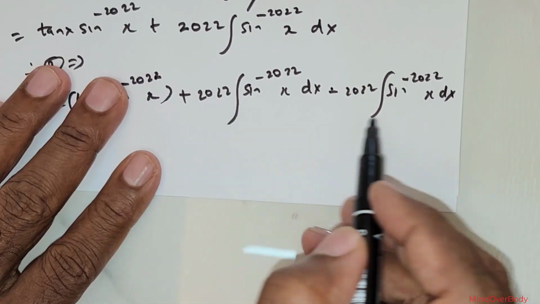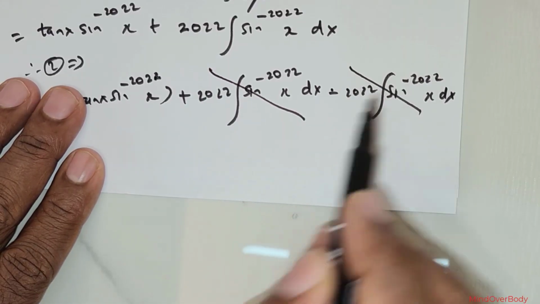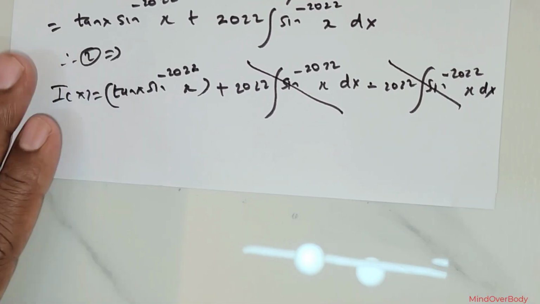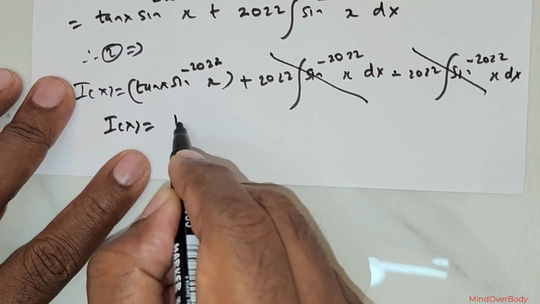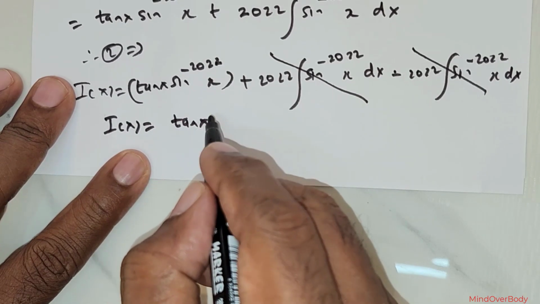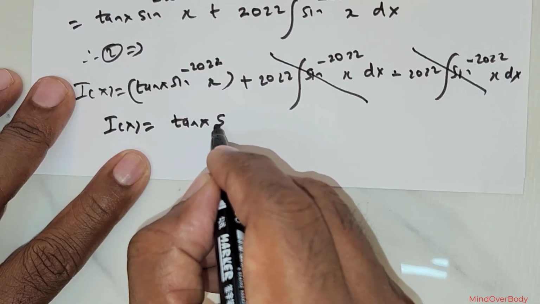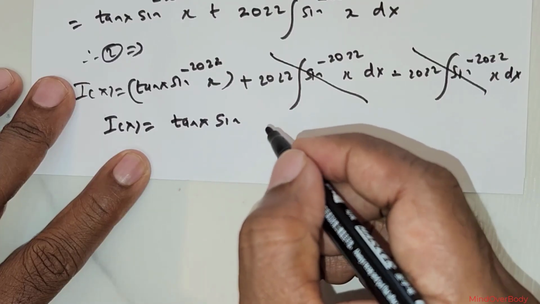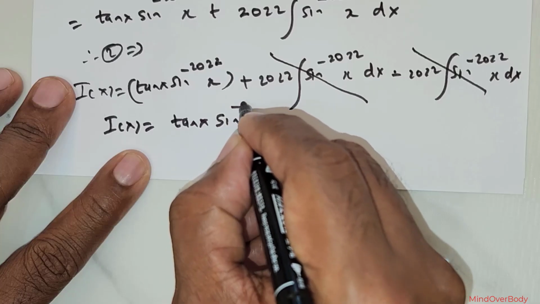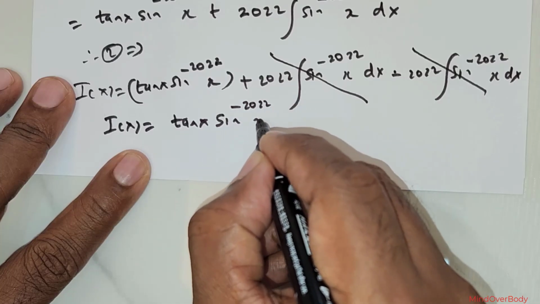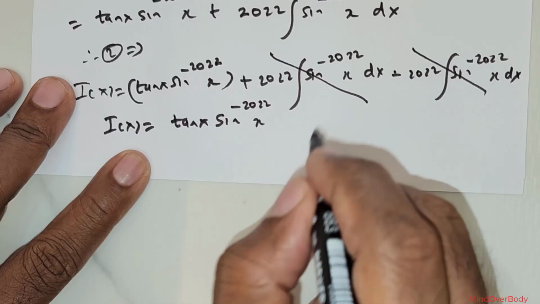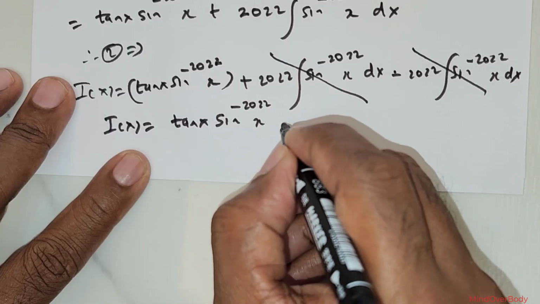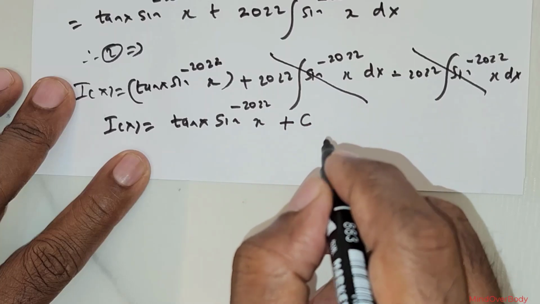Now you have a positive and negative, so they get neutralized. So what have you got? You got I of x is equal to tan x times sine raised to the power of negative 2022 x. Since we are dealing with an indefinite integral, we will have to add this arbitrary constant c.